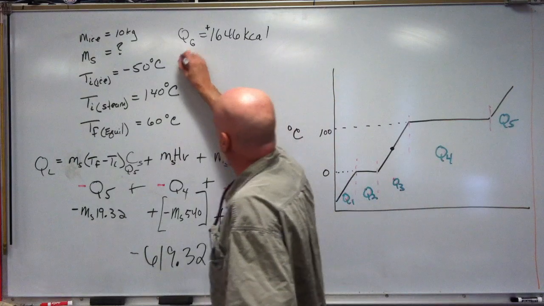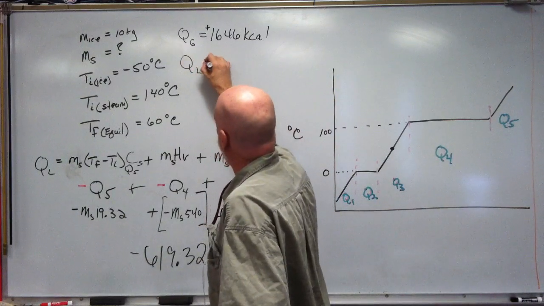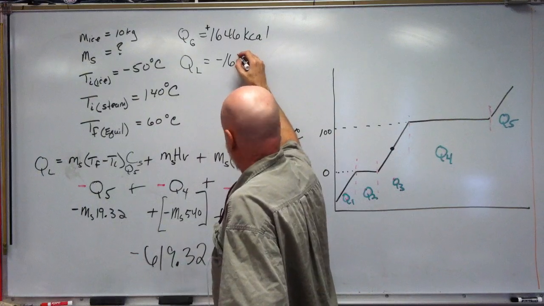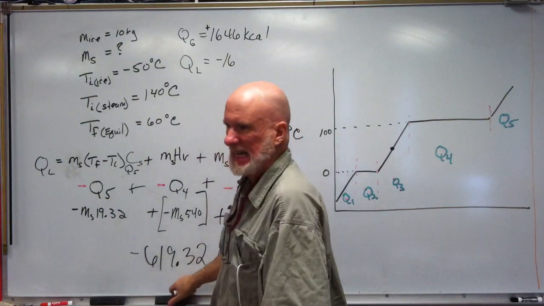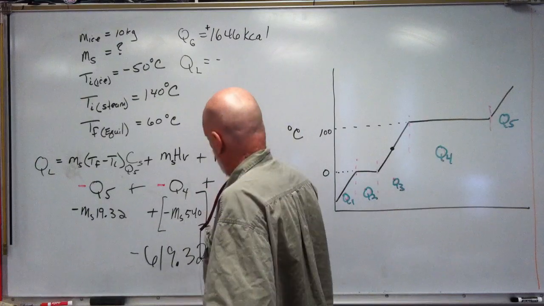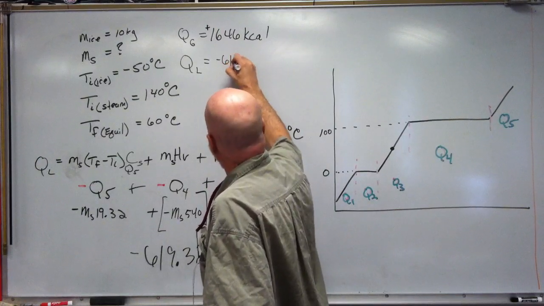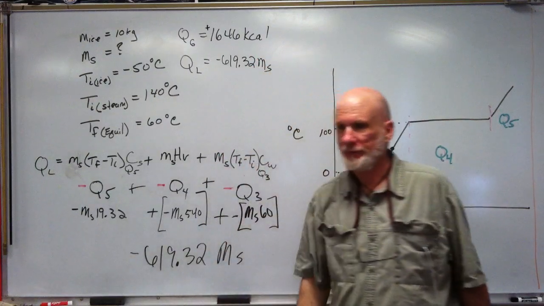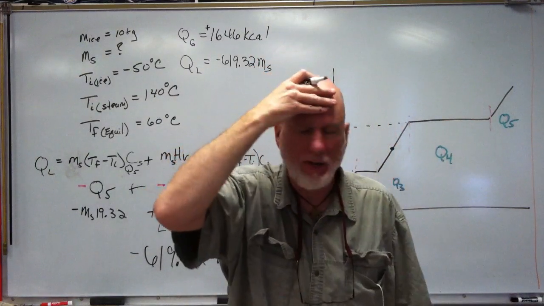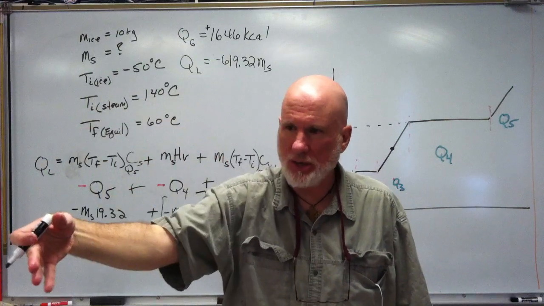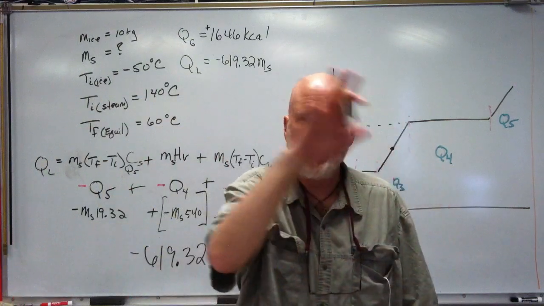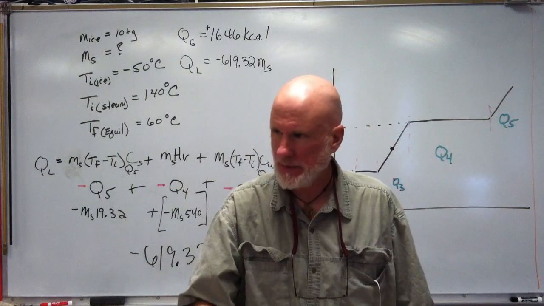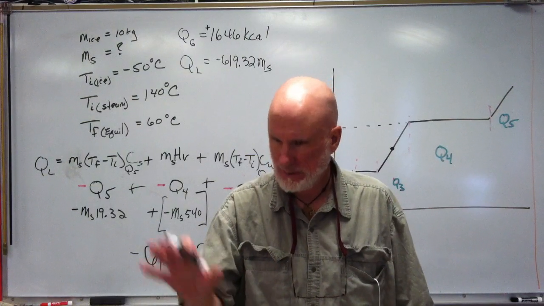So we're going to say heat lost is negative 619.32 MS. I'm writing the heat lost in terms of MS. I'll fill in what QL is once we determine the mass.